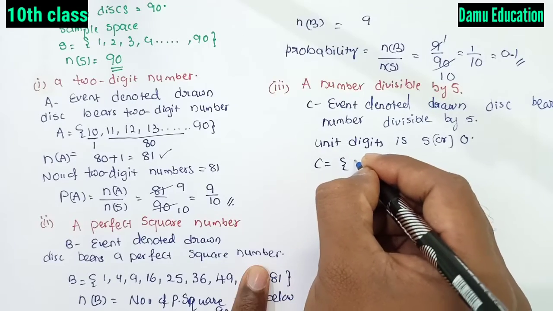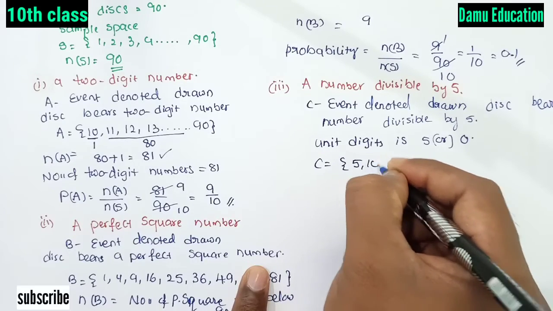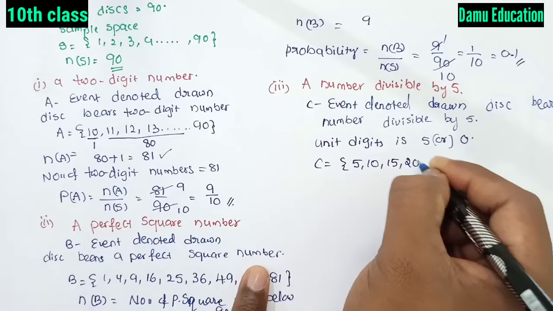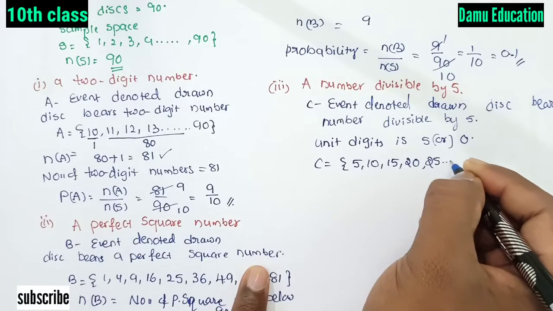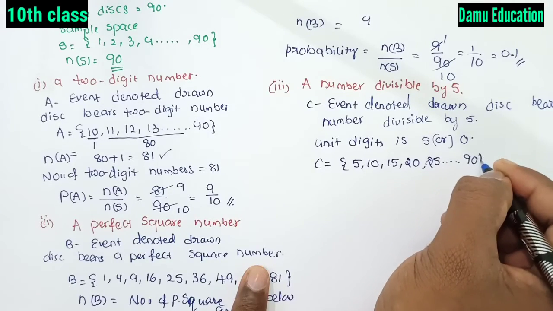So you can write it as 5, 10, 15, 20, 25 and so on up to 90.